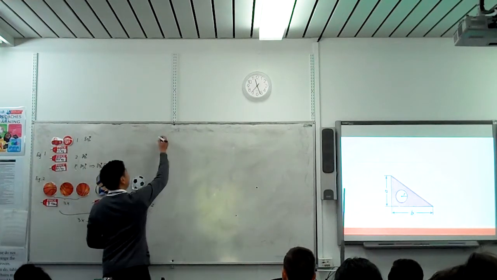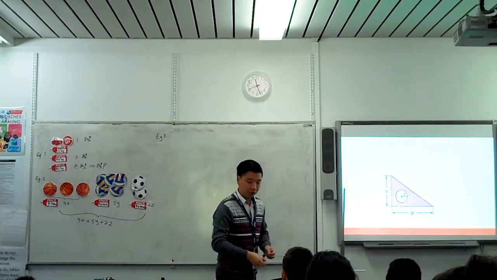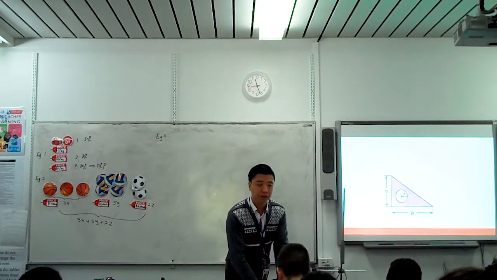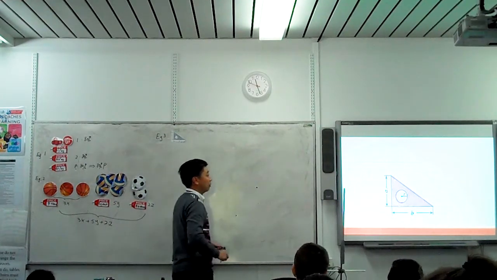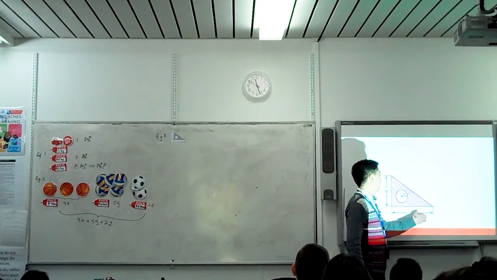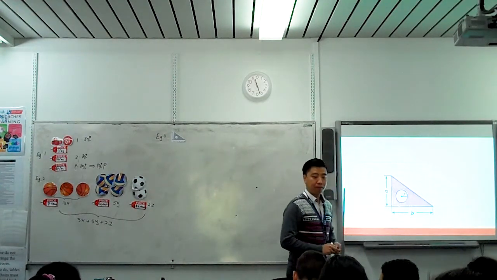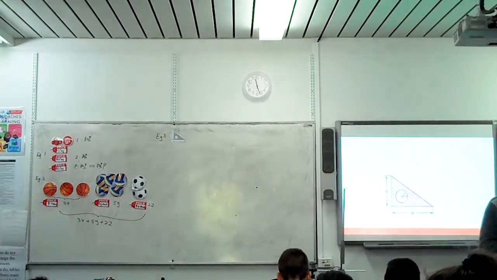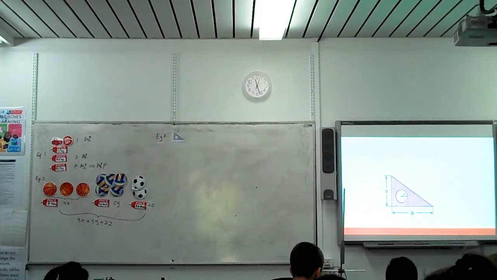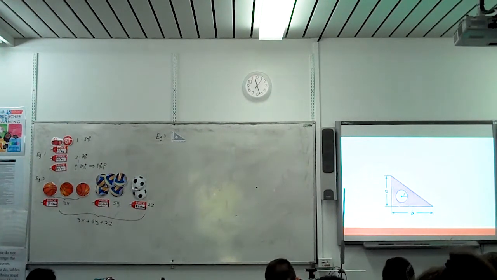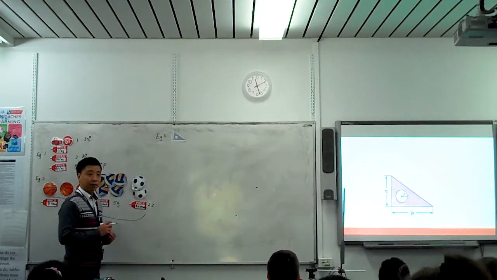In box 1. Okay, we want you to write the area of the triangle in box 1. The base is B, the height is A. In box 1, write the area of the triangle.